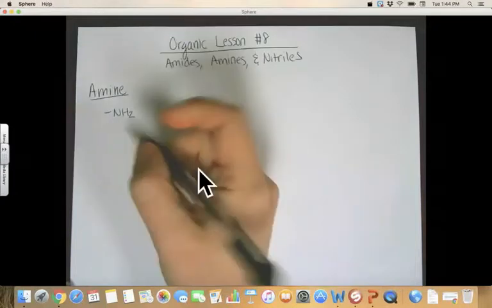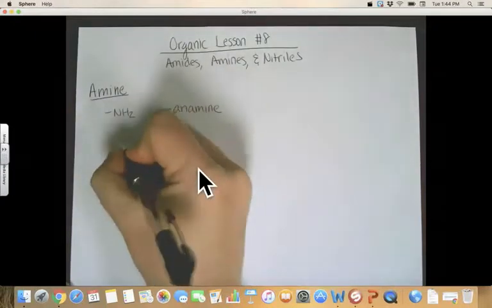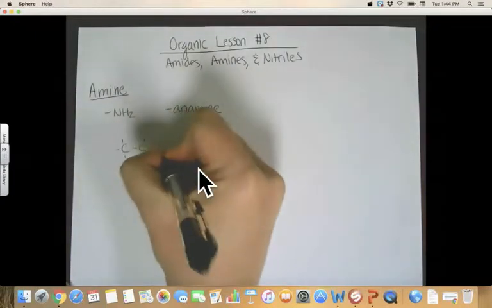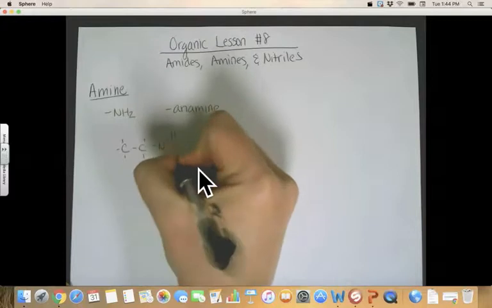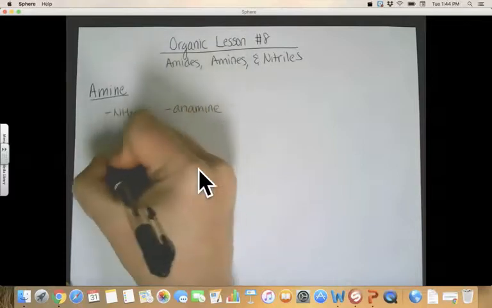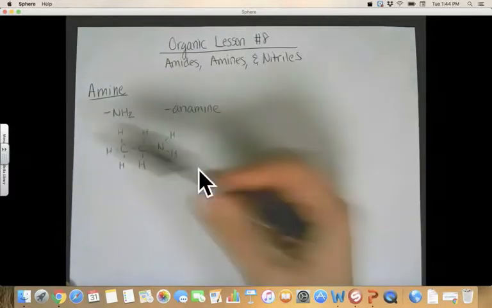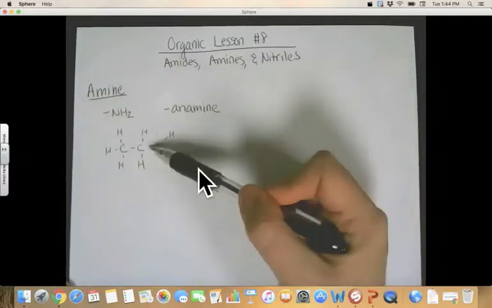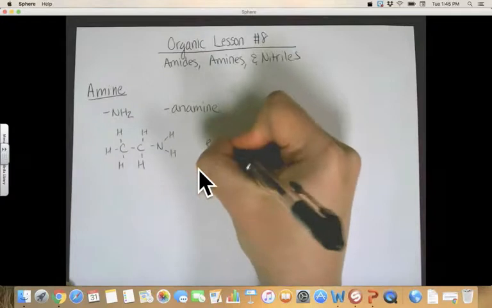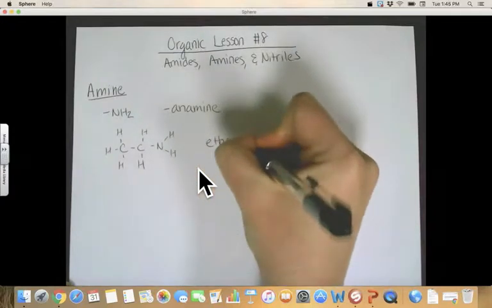So, for instance, I'm going to draw in all my hydrogens. If I have this, I have 2 carbons and then an amine group. So 2 is eth, so this is ethanamine.